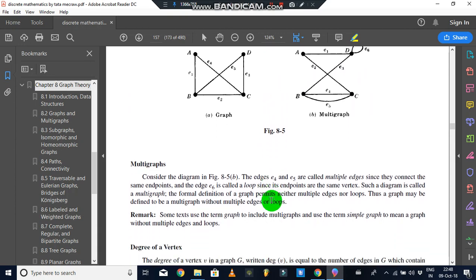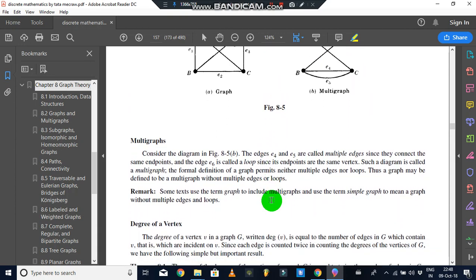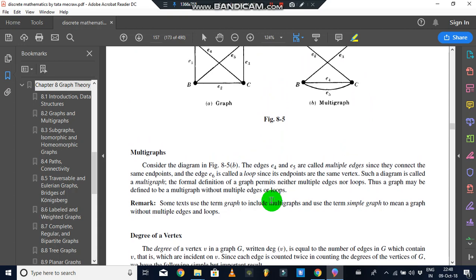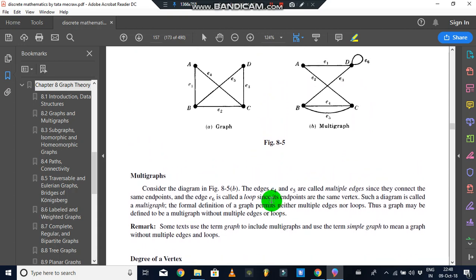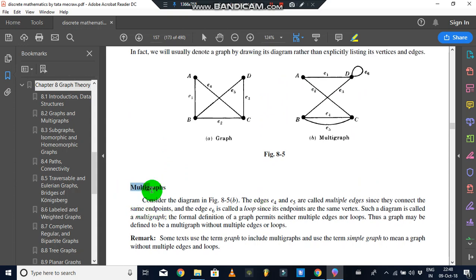So what is the limitation, condition, and principle of a multigraph? Consider this diagram. I already told you about the multigraph. This is just the written form, don't be afraid. E4 and E5 are called multi-edges since they connect the same endpoints, and E6 is called a loop.